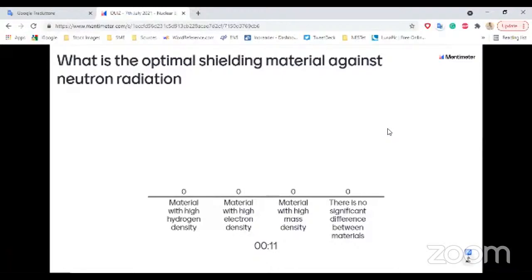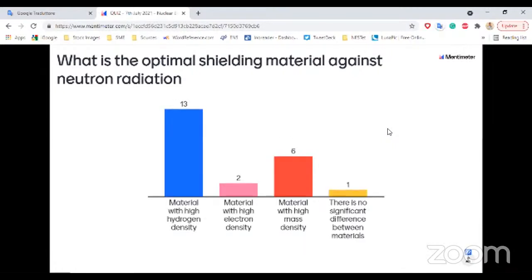As usual, 25 seconds to answer. 3 seconds left. Okay. Everyone has voted, and the correct answer, as we saw, yes, is the first one, material with high hydrogen density.